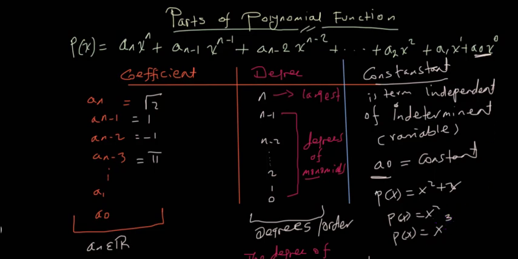The first one could represent a square, and the second one could represent a cube whose dimension is x units. We can represent x cubed as a cube: this side is x, this one is x, this one is x. So this could represent the volume of something. Therefore, these are the parts that we need to understand.